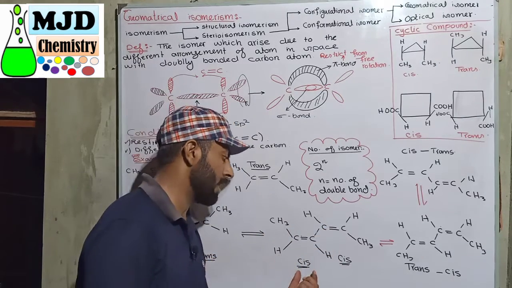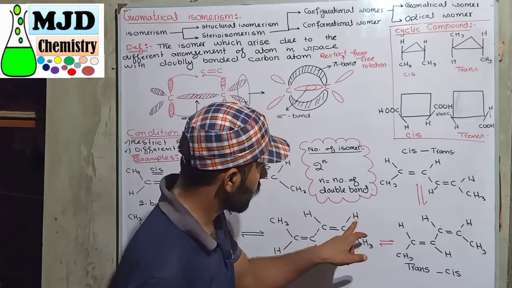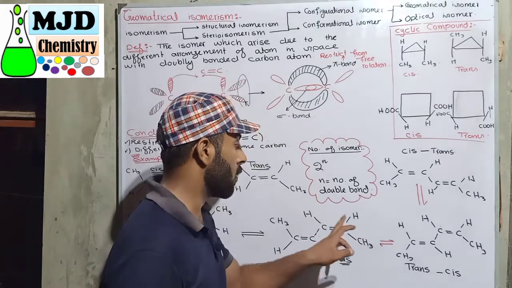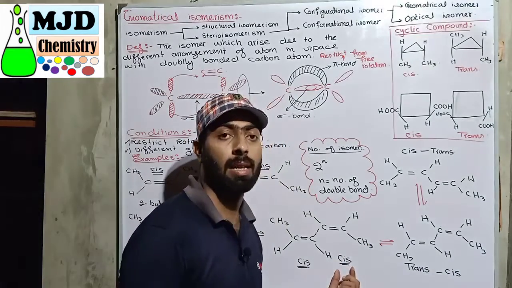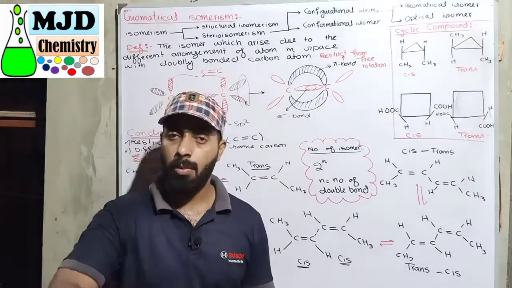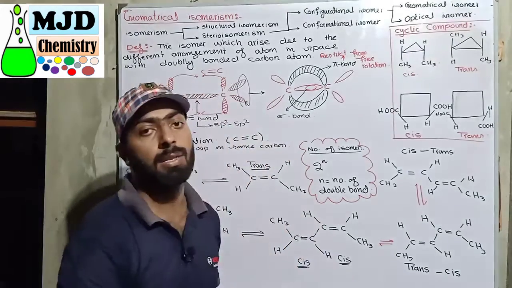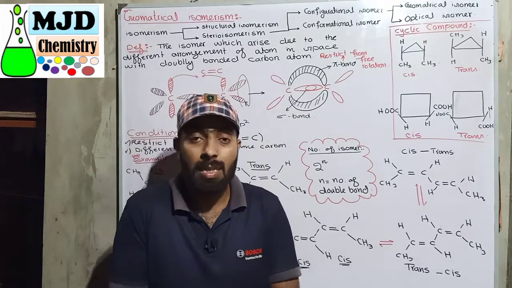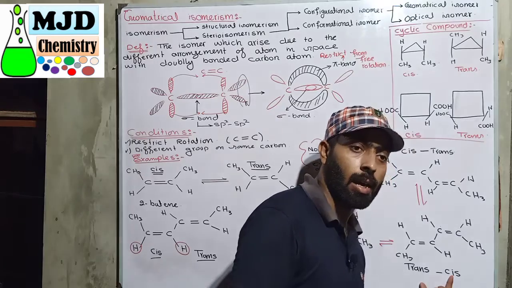That's why we say this is a cis isomer. And when we look at the second double bond, the same hydrogen atoms are present above. That's why we also say that the second double bond is cis. Then the molecule is a cis-cis isomer.